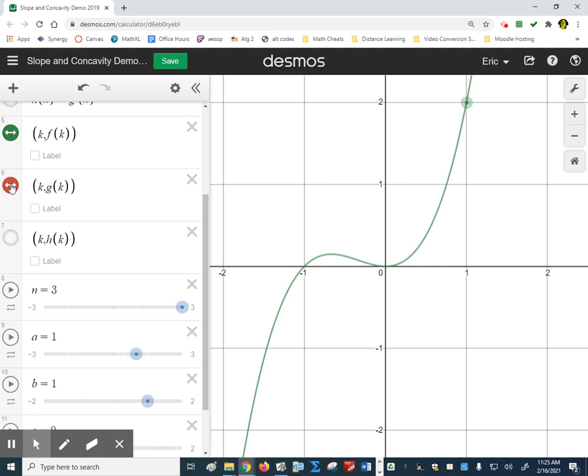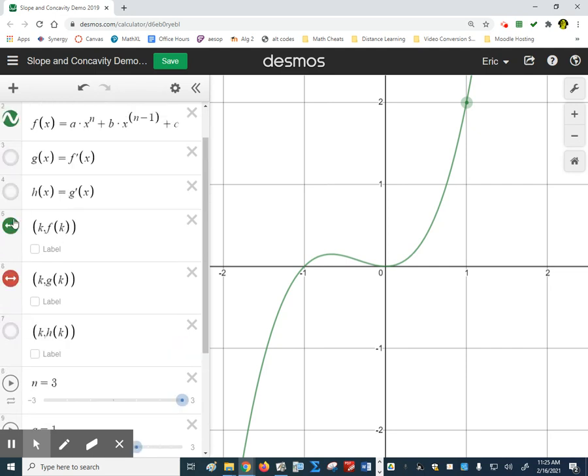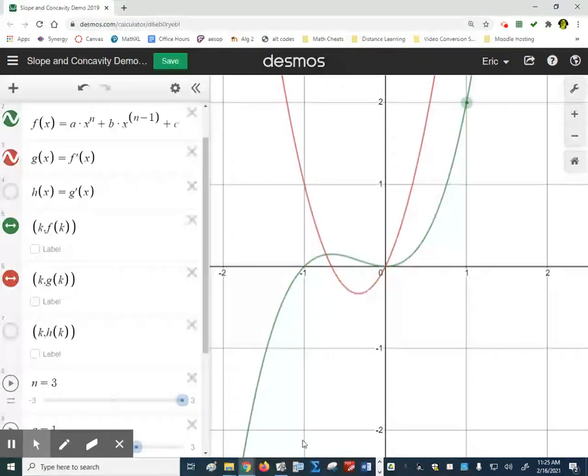We can tell for sure if I look at the first derivative function. Now it's easy to tell, isn't it? Where is the point of concavity relative to the red graph? Where are we making a transition here in concavity?